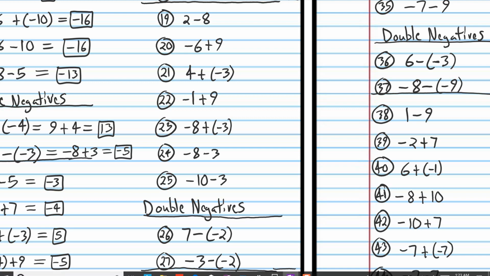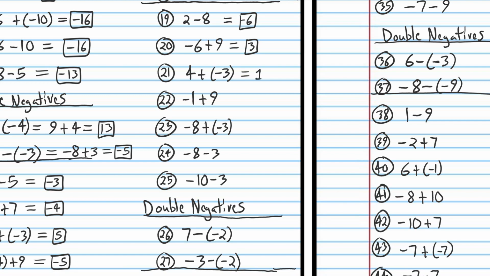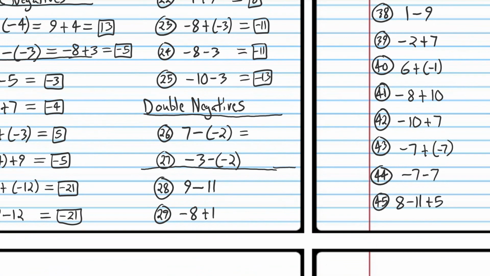All right, we're back. That should be -6. And we should have 3 and 1, 8, -11, -11, -13, and 7 plus 2 would be 9.